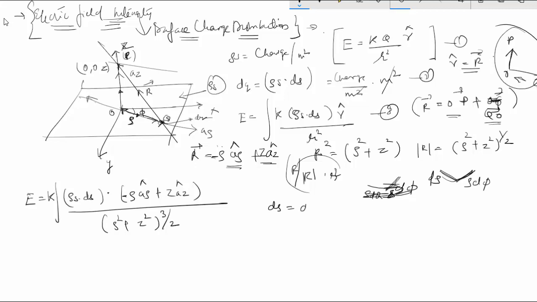So my ds will be d rho into rho d phi, which is equal to rho d rho into d phi. Again you will have to substitute that here, so your equation will become k is equal to rho d rho into d phi into d.